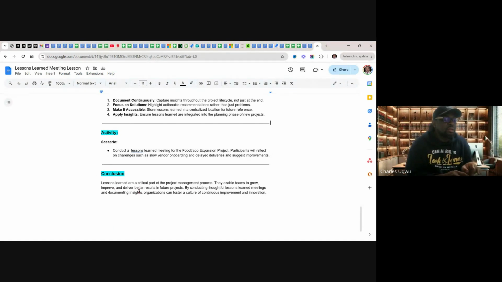Lessons learned are a critical part of the project management process. They enable teams to grow, improve, and deliver better results in future projects by conducting thoughtful lessons learned meetings and documenting insights. Organizations can foster a culture of continuous improvement and innovation.